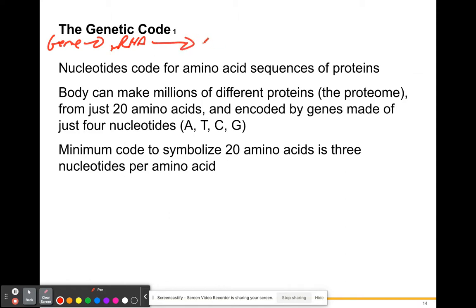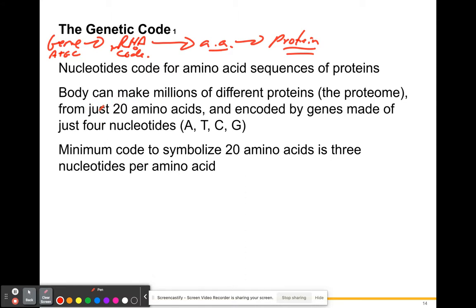That RNA is the code for an amino acid, and that amino acid is the code for a protein, or not the code, but it's the building blocks of the protein. So nucleotides, the gene, because the gene is made of A's, T's, G's, and C's, give code for the amino acids. This is the code. And then those amino acids get put together and you form a protein.